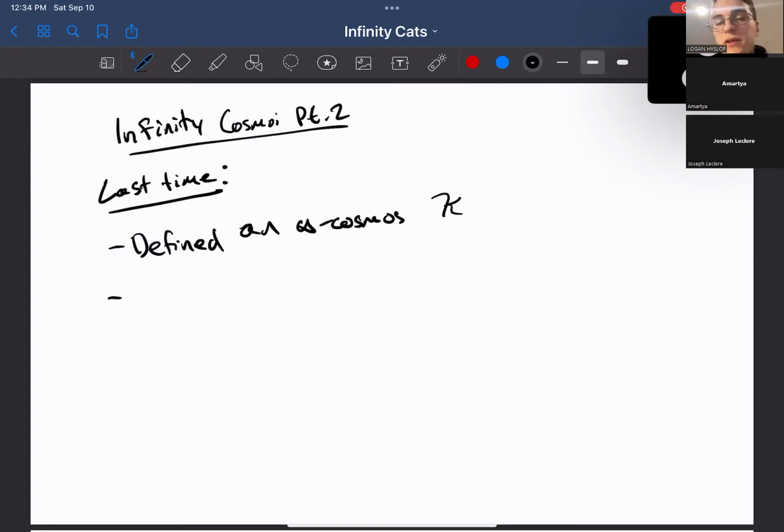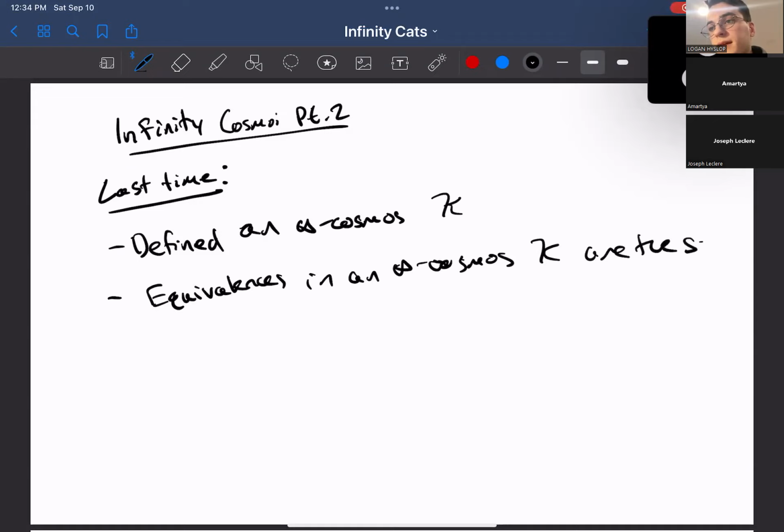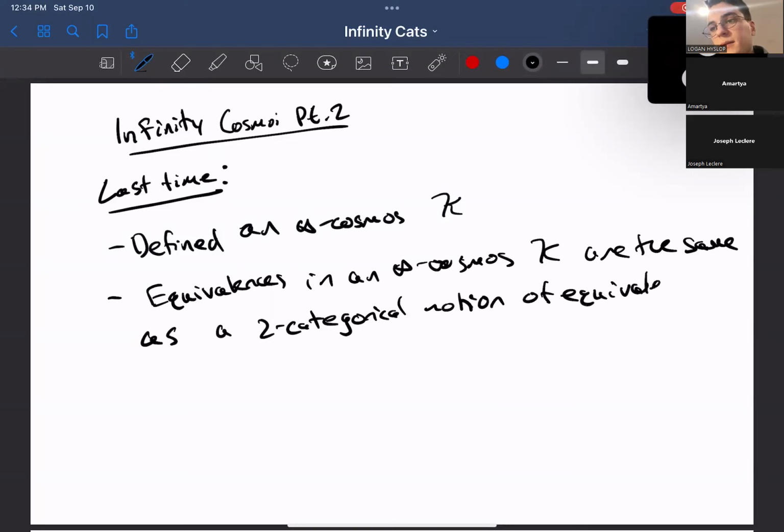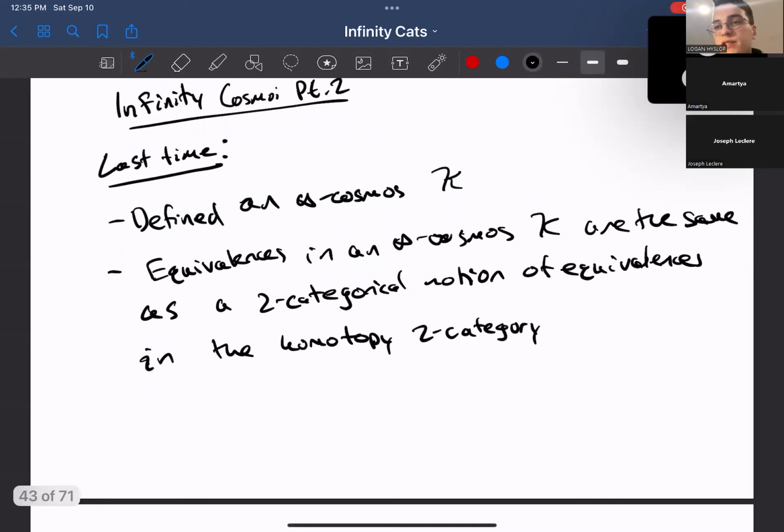And then we also defined isofibrations, equivalences, and we showed that equivalences in an infinity cosmos K are the same as a two-categorical notion of equivalences in the homotopy 2-category of K, which we got by taking the homotopy categories of the Hom quasi-categories to make them into regular categories, so we get a strict categorically enriched category.